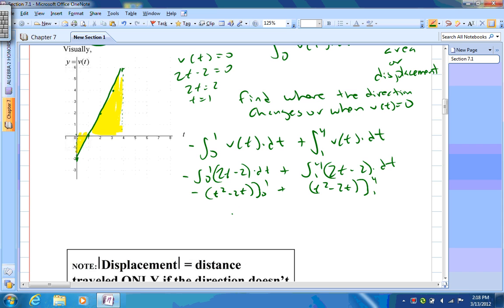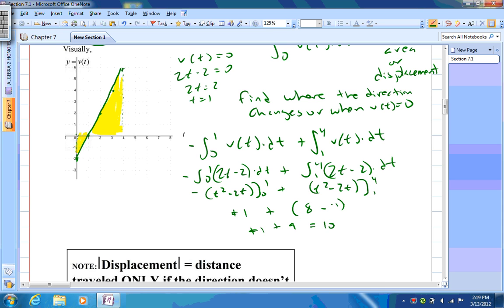Working all of it out, you should get negative 1 here. And over here you should get, I believe, 8 minus negative 1. So negative 1 plus 9, which will just get us, actually, negative negative 1. My bad. So that'll be 10.